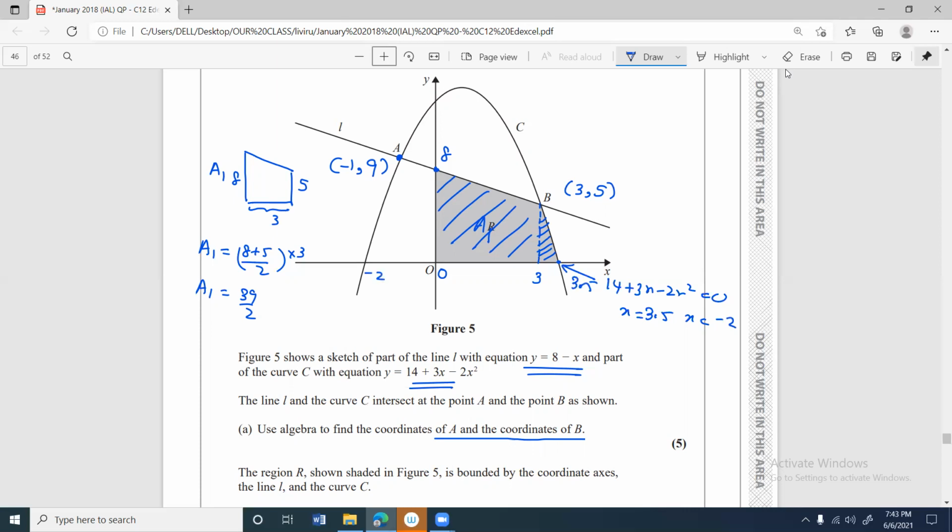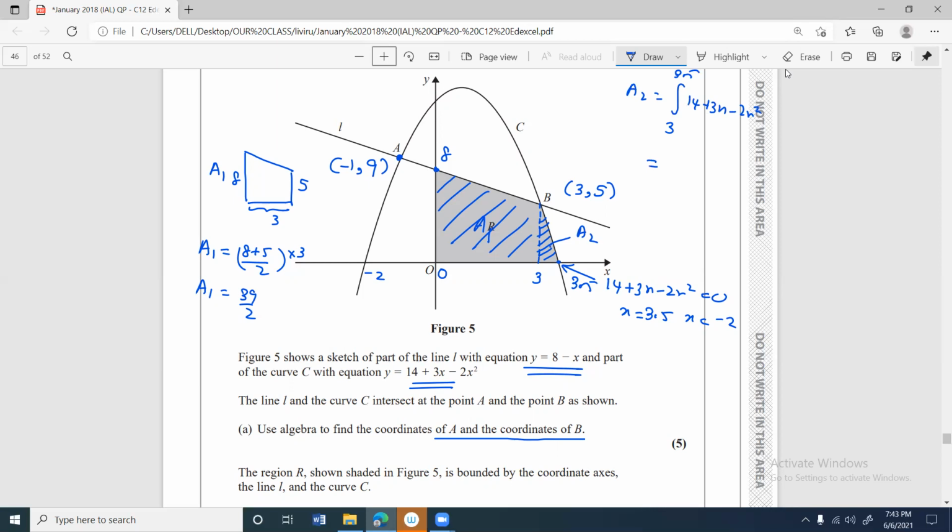So I need this area, A2. I can find A2 by integrating this quadratic, 14 plus 3x minus 2x squared, from 3 to 3.5. You know how to do this integration part, so I'm not going to do that.